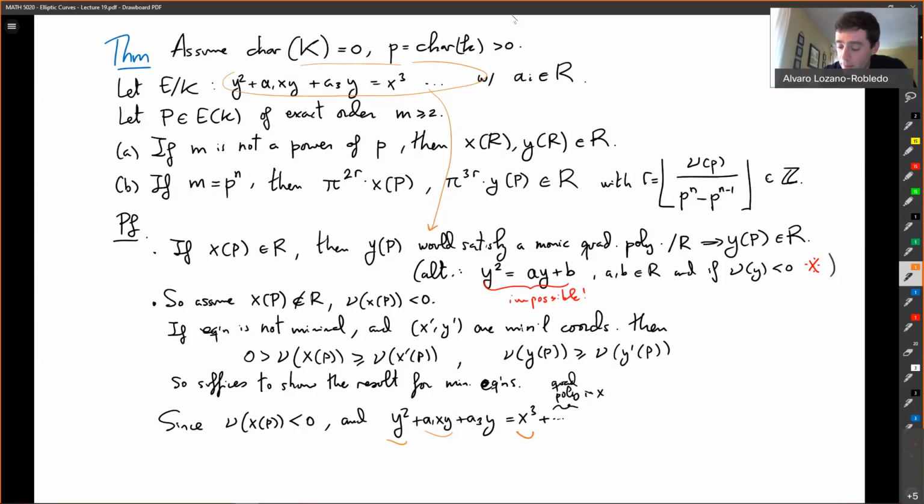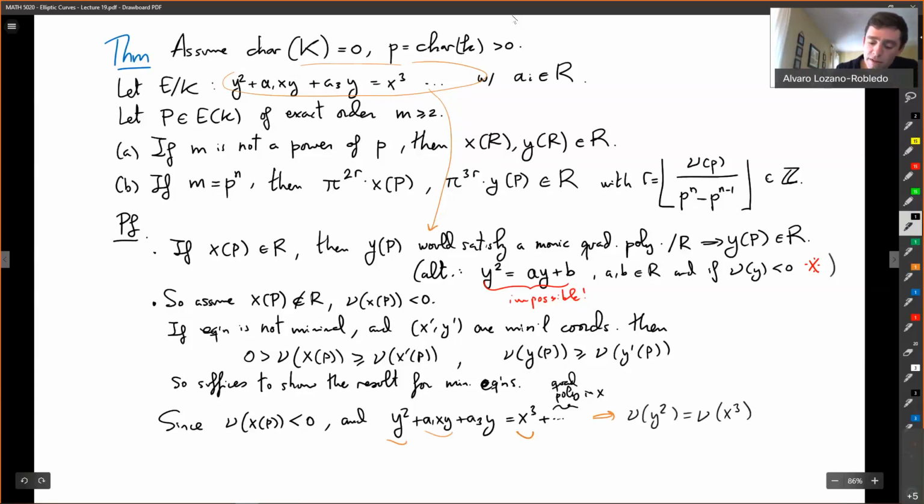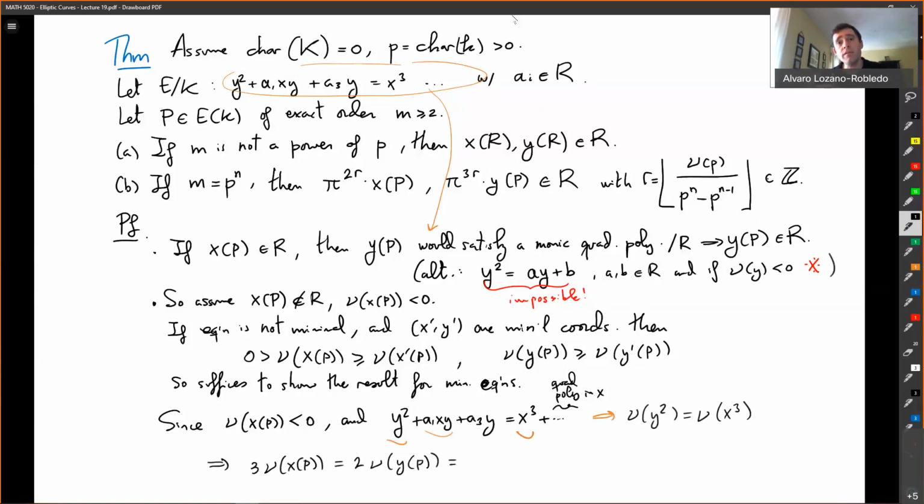So the valuations of y squared and x cubed match. Then 3 times the valuation of x is twice the valuation of y, and the valuation of x is negative.